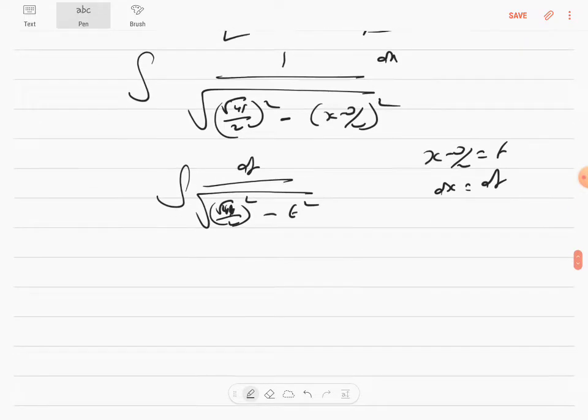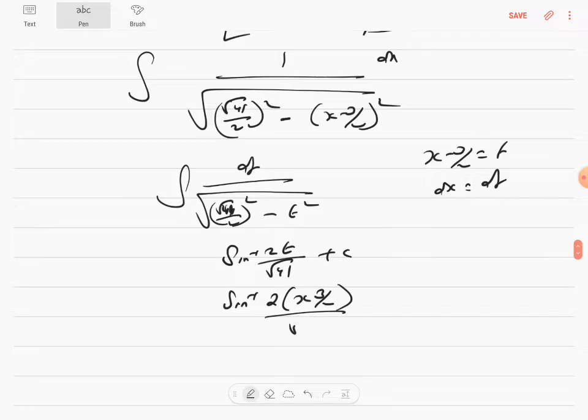So it's 1 by root of a square minus x square, which is sine inverse of x by a, sine inverse of t by a, which is 2t by root 41, plus c. And what is t? Sine inverse of 2 into x minus 3 by 2 by root 41 plus c.